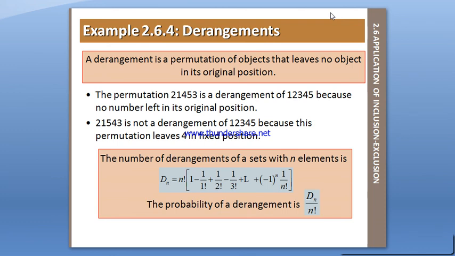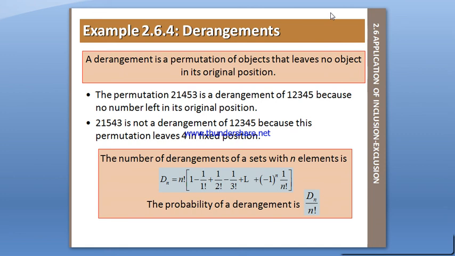Before getting the rule for derangements, let us see what a derangement is. It is a permutation of objects that leaves no object in its original position. Suppose 21453 is a number, one of the permutations of the given 5 numbers. It is a derangement of 1, 2, 3, 4, 5 because no number is left in its original position.